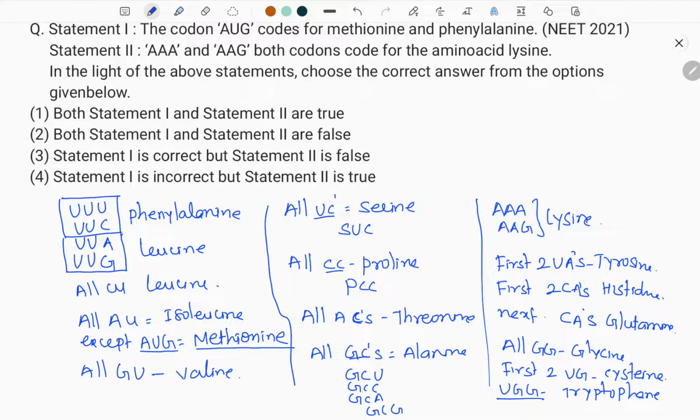Tryptophan is the precursor of auxins, and zinc is needed for the synthesis of tryptophan. So we require zinc and tryptophan, both for the synthesis of auxins, whose triplet codon is UGG. Okay, so this is one thing I'll remember.